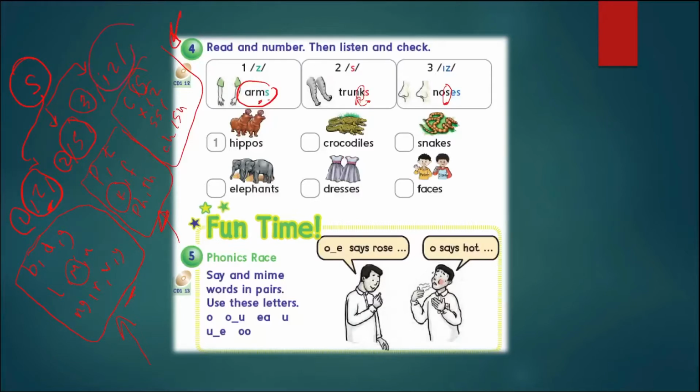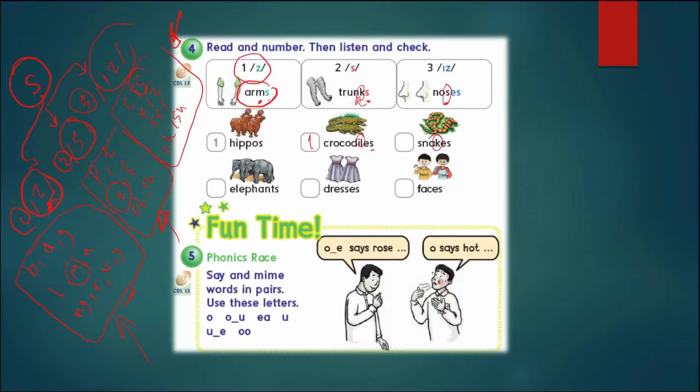Hippos. It takes this sound, z. Crocodiles. The last letter is L, here. So we're going to say this is number 1. Z, crocodiles.